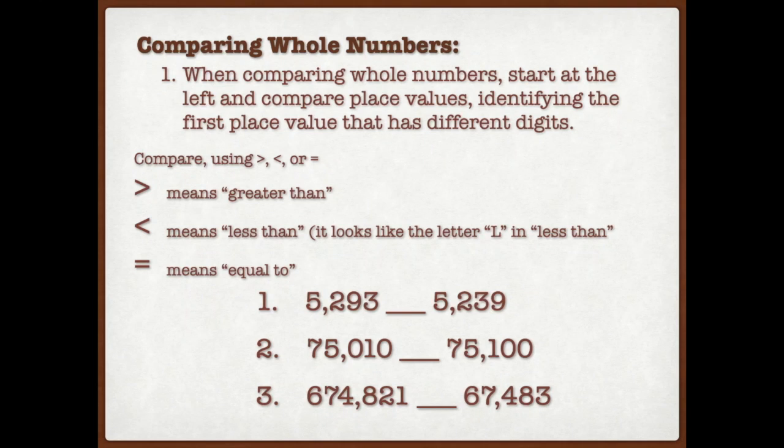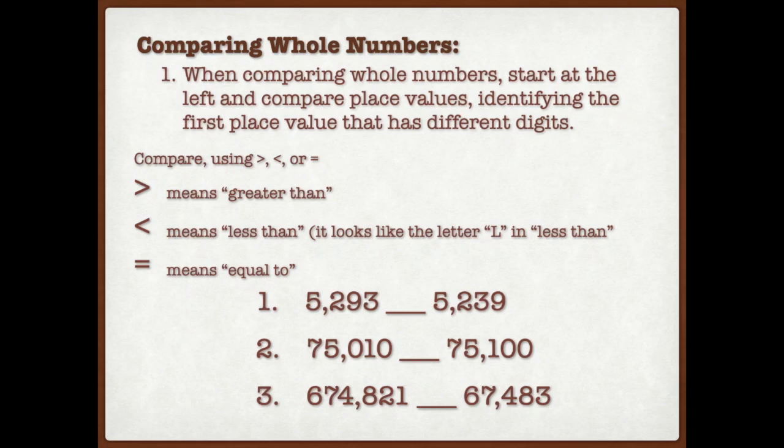Okay, I'm going to start at the left. 5 and 5. Okay, it's the same for example number 1. Then we have 2 and 2. It's still the same. Then we have 9 against 3. So the one on the left is 5,293 compared to 5,239.